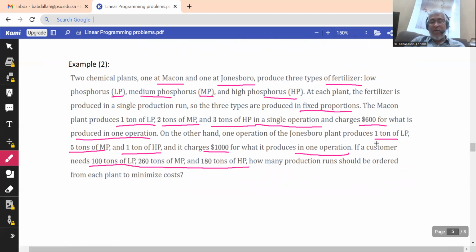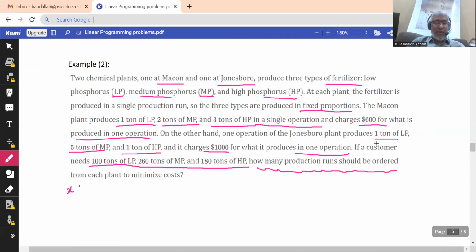And that's the question: how many production runs should be ordered from each plant to minimize the cost? So what is the question? How many production runs? There are only 2 production runs, one in Macon and one in Jonesboro.